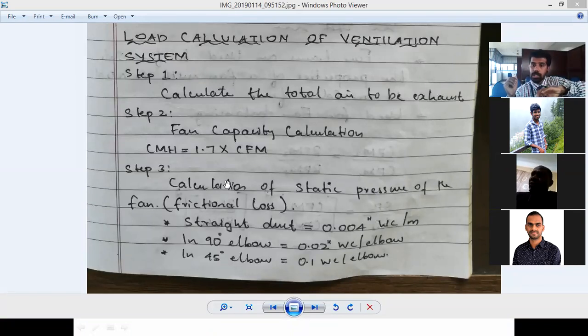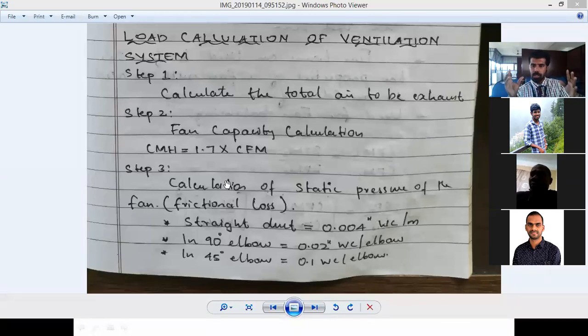So what happens when the air is taken through the duct? There will be elbows, there will be reducers, all will be there in the duct. So friction loss can happen. If there is friction loss, the amount of air that has to reach a particular location won't reach there because of the friction loss.